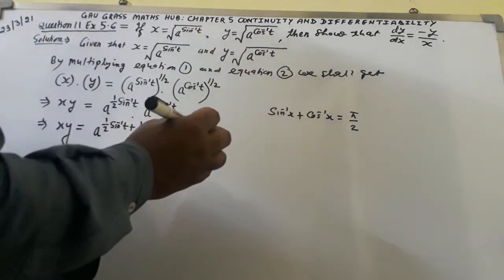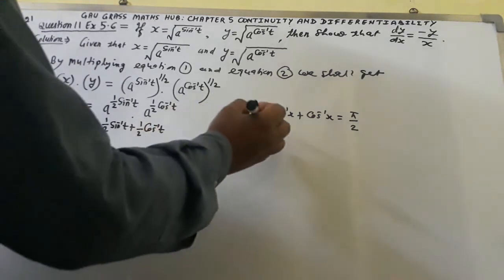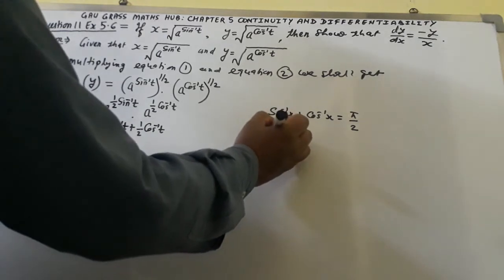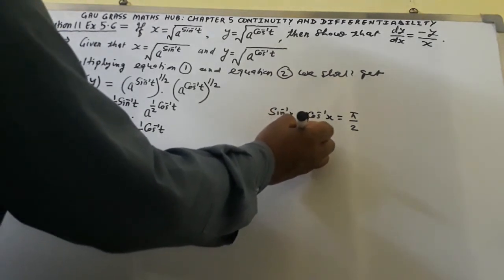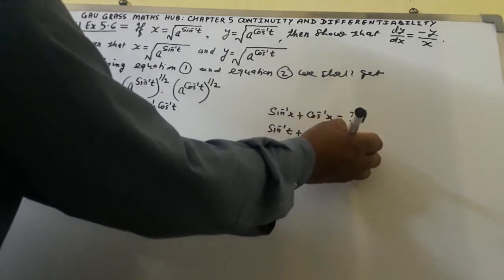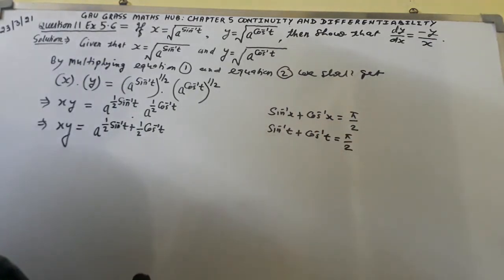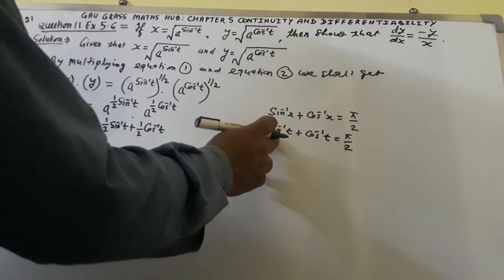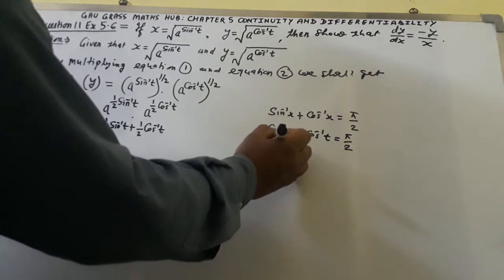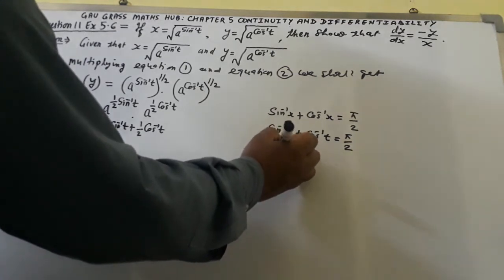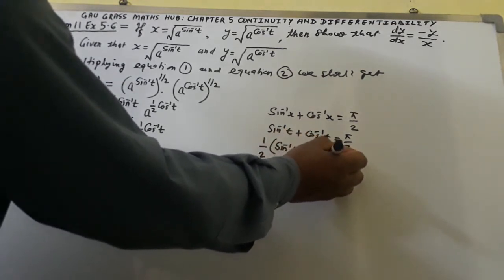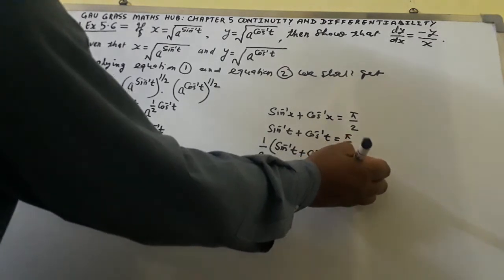So here I shall write in place of x, if you put here t, it comes out to be sin inverse t plus cos inverse t is equal to pi by 2, multiplying left hand side as well as right hand side by 1 over 2. So 1 over 2 dot sin inverse t plus cos inverse t is equal to pi by 4.